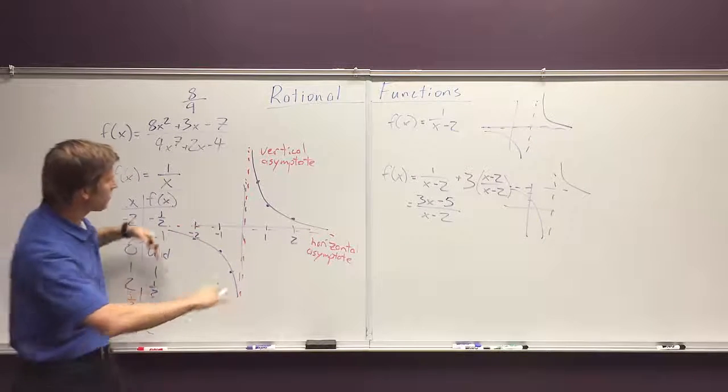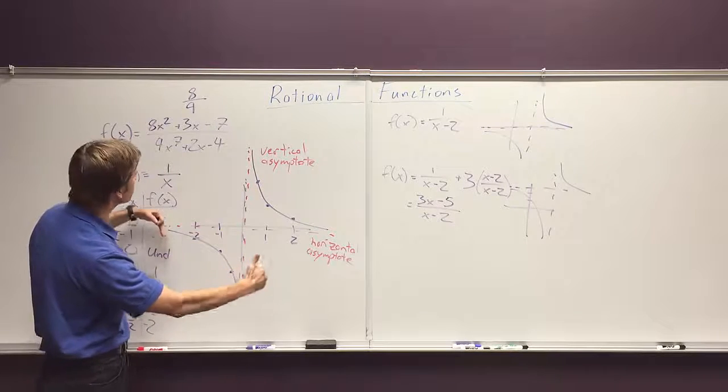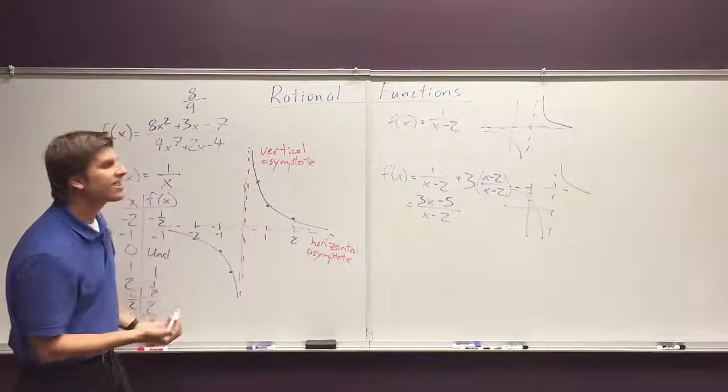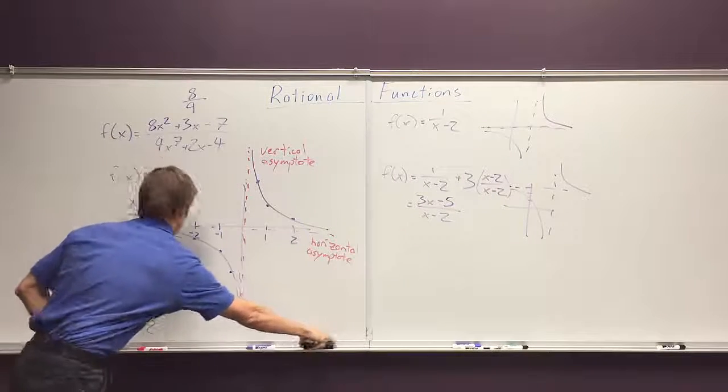Now, a rational function will have vertical asymptotes often, but they don't always come up and down. Think about this example.